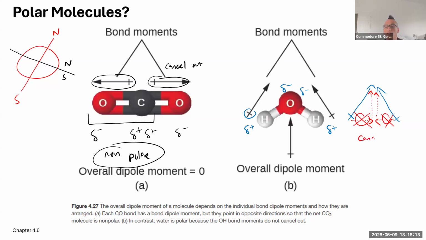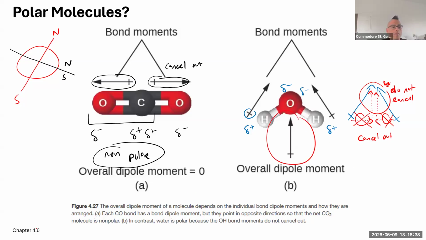These arrows do not cancel. Since they're both up arrows, the net dipole moment is going to be up.